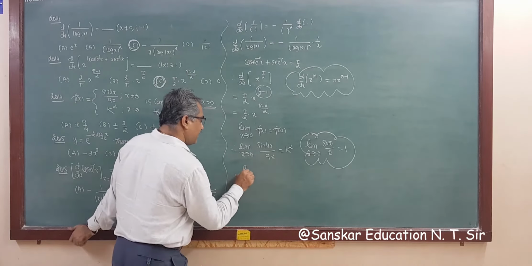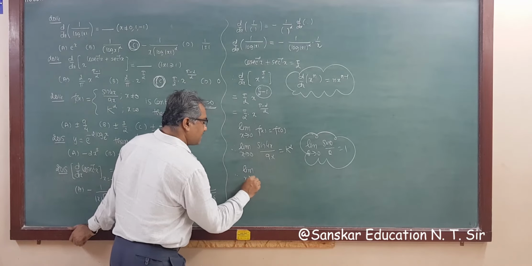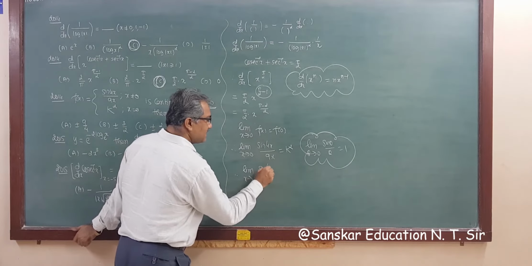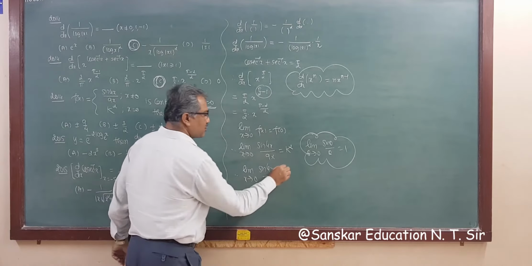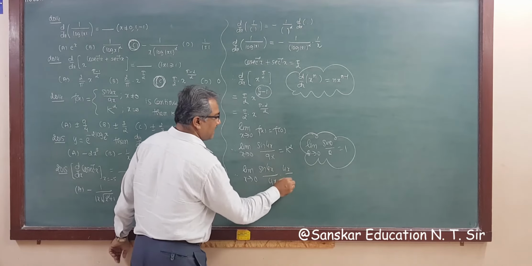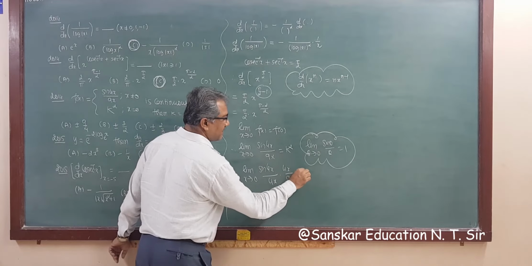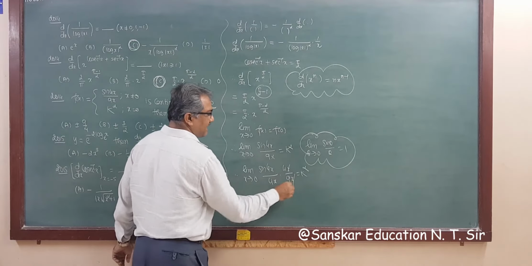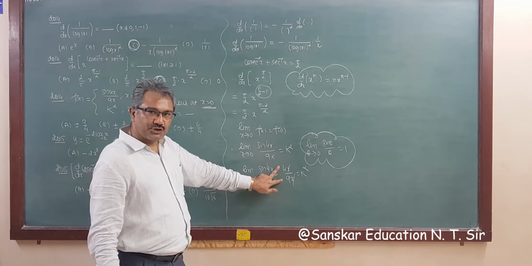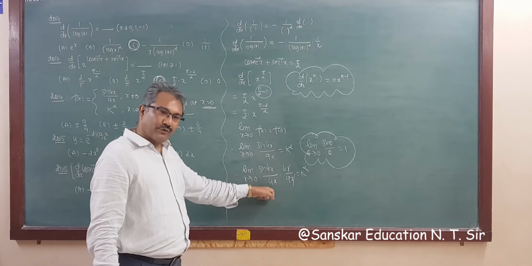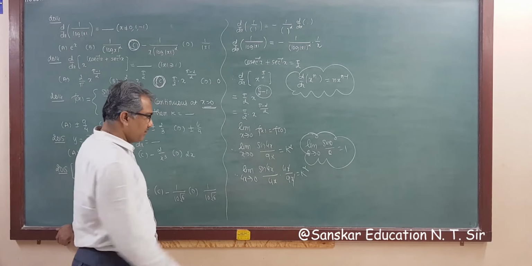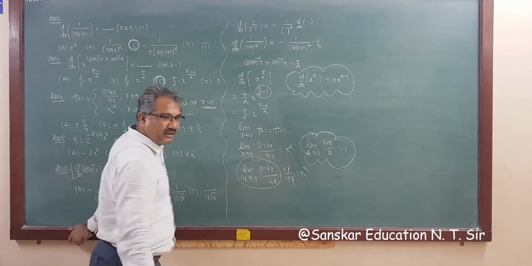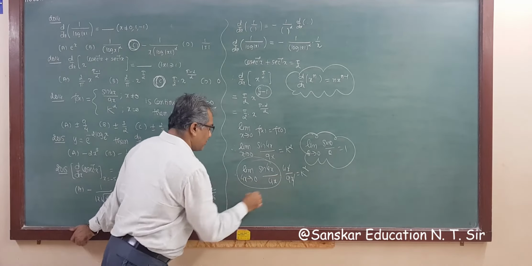This will be the limit as x tends to 0 of sin 4x upon 4x, multiplied by 4x upon 9x, equal to k square. The x cancels. 4 by 9 is a constant, and if x tends to 0, then 4x also tends to 0. So the answer of the first part is 1, and this is 4 by 9.